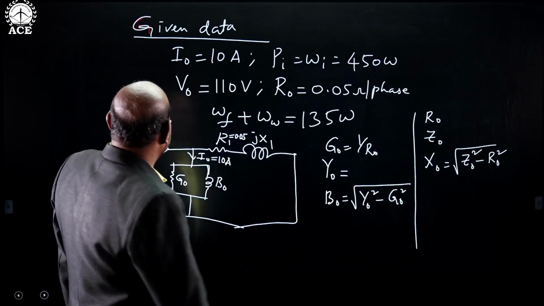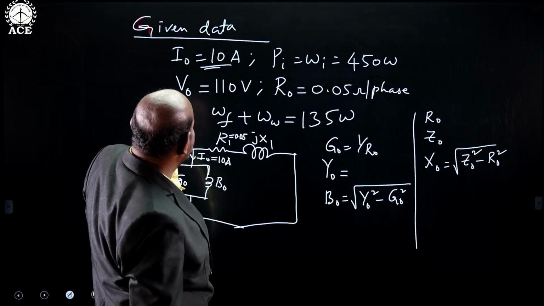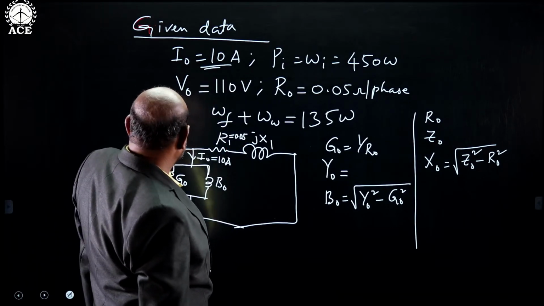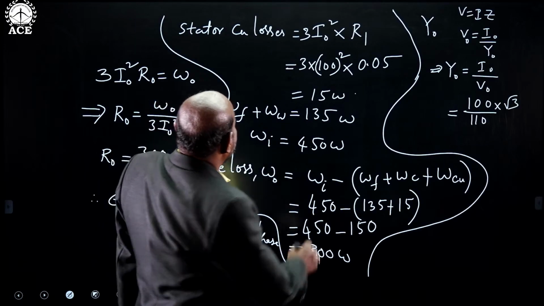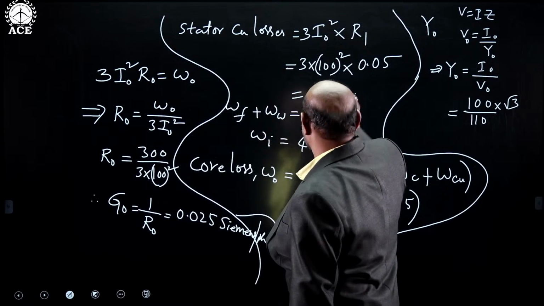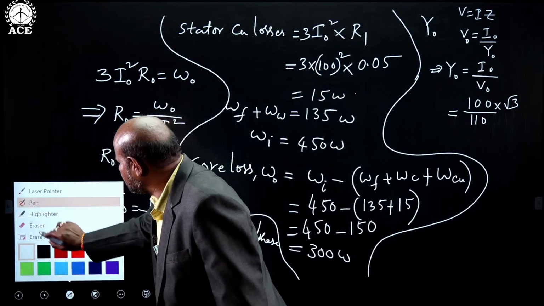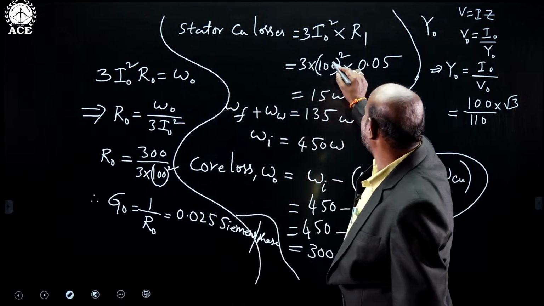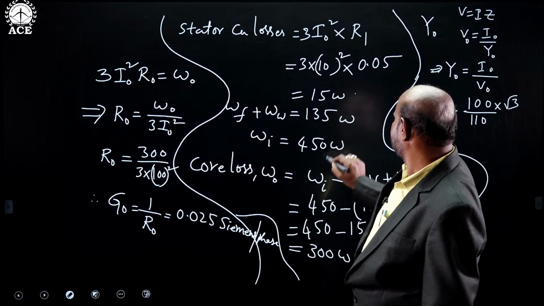Here in the problem, he has given I naught is 10 only. Just make a correction. I naught is given as only 10 here, not 100. So 10, this will be okay.